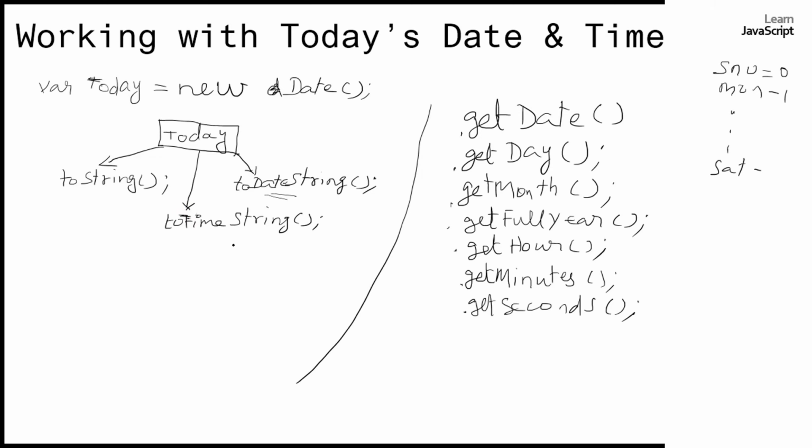The T is caps here. Then if you need further parts of the date and time, you can use getDate, getDay, getMonth, getFullYear, getHours, getMinutes, and getSeconds. All of these we call using the object which we already created, that is today, then you can use the methods here.